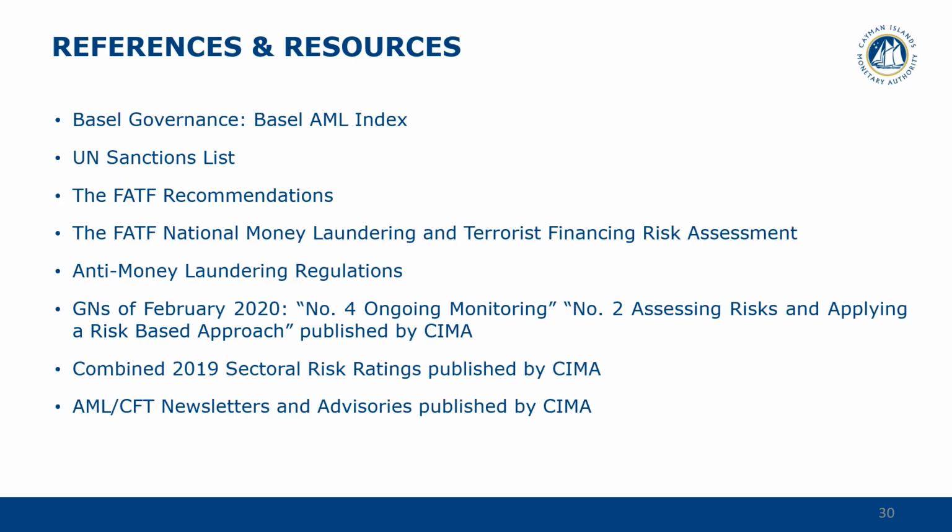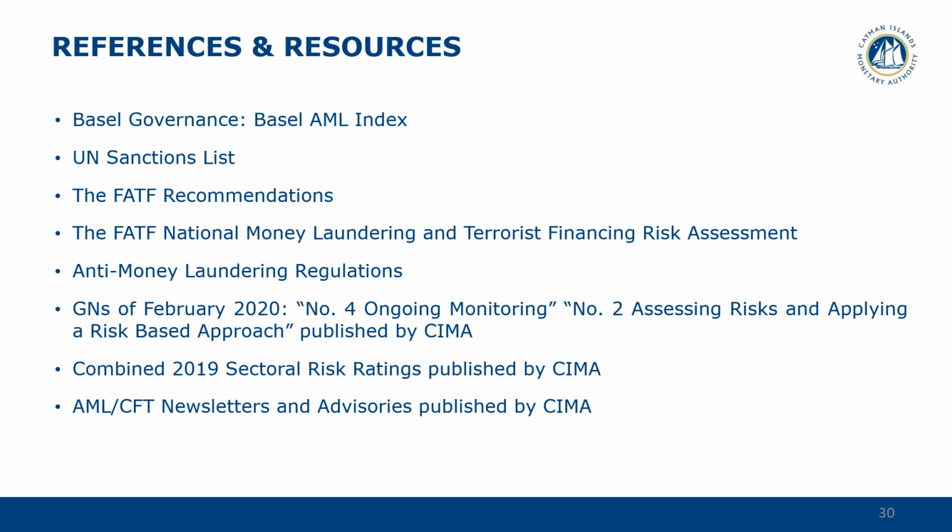This risk assessment was based on a number of data sources, but there are further references and places you can go to find out more. There is, of course, the Basel AML Index and the UN sanctions list, which should be going into your ongoing monitoring programs, FATF recommendations, FATF national money laundering and terrorist financing risk assessments.